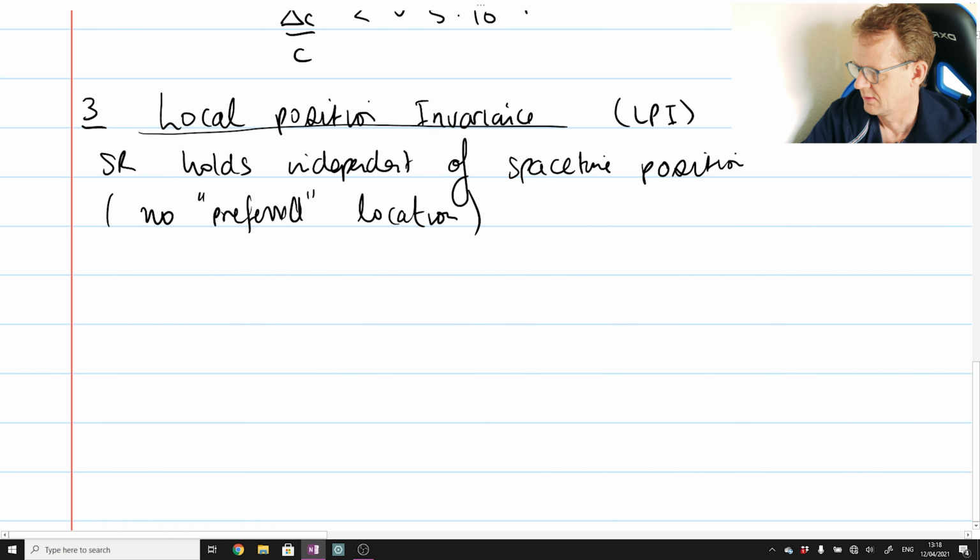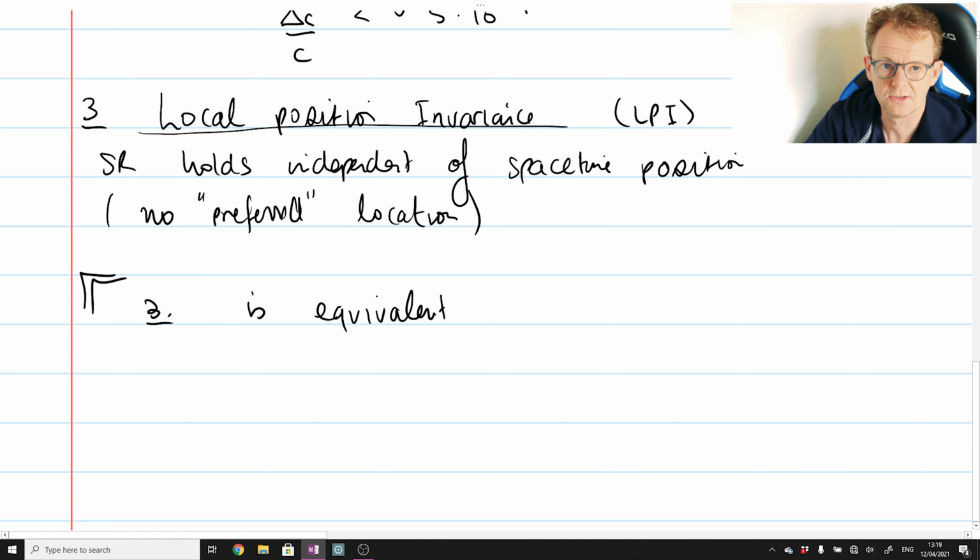And you can reformulate 3, if you like, to perhaps a more familiar formulation, one that certainly motivated Einstein heavily. And this is the principle of the universality of gravitational redshift.